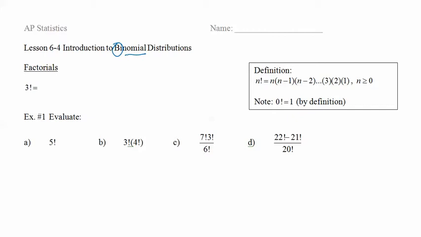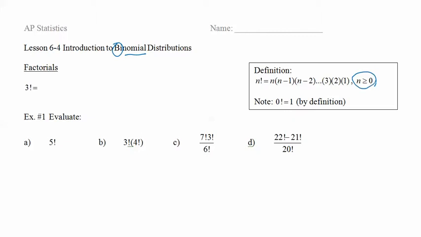We're going to start with just going over what factorials are. If you look at the box on the right, the definition is of n factorial, so the symbol we use for the function factorial is exclamation mark. So n factorial equals n times n minus 1 times n minus 2 all the way down to ending up with 1, and n must be greater than or equal to 0.